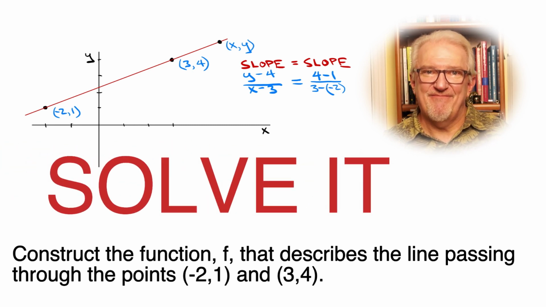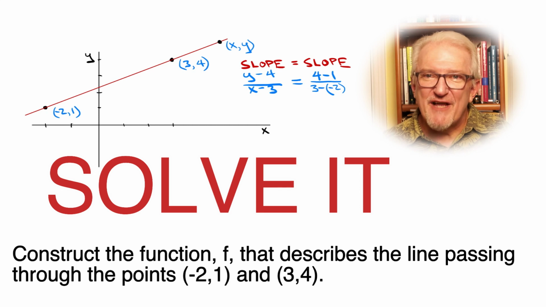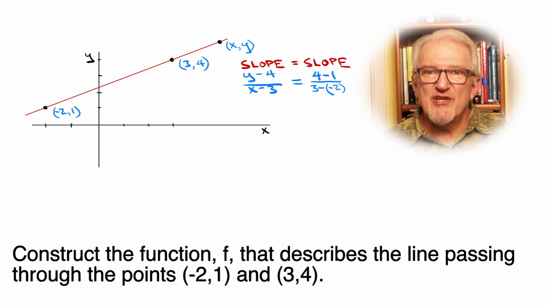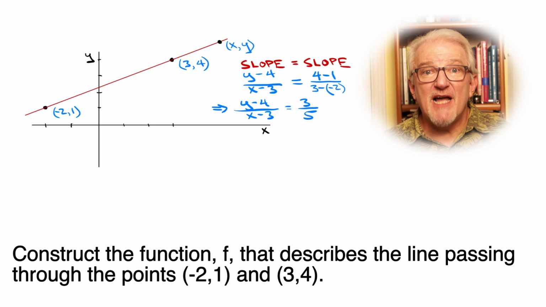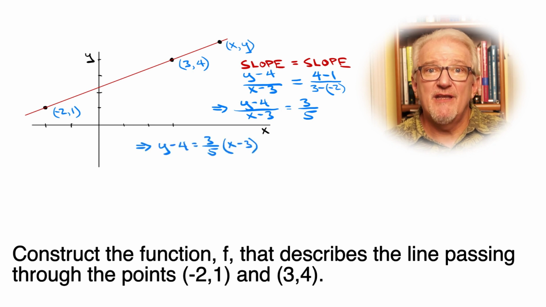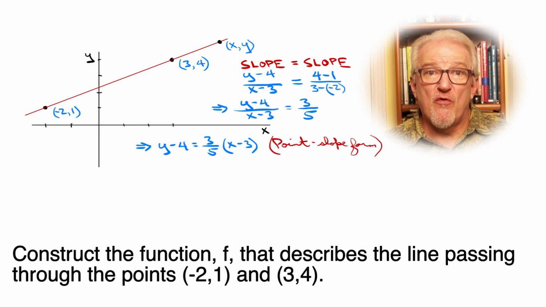Solve it. All that's left to do is to solve our equation for the dependent variable y. We'll begin by writing the right side of our equation as 3/5 and then multiplying both sides of the equation by x minus 3. This gives what is traditionally called the point-slope form of the equation of the line.